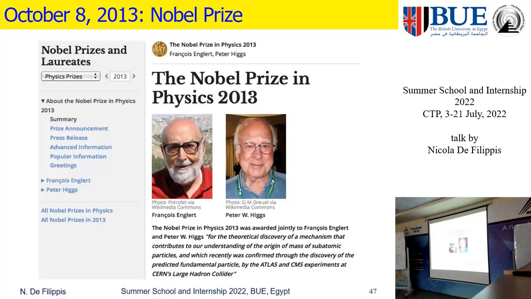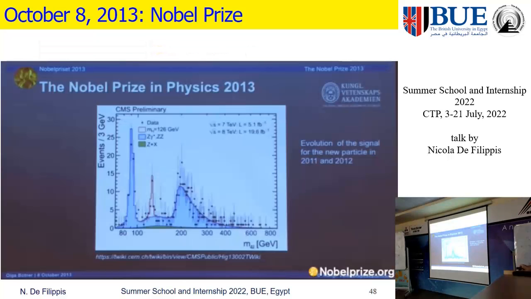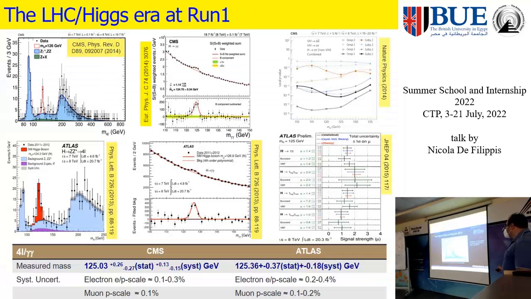Some people here are members of the CMS experiment, and they were involved at that time in the discovery. Okay. This was the plot shown at the ceremony for the Nobel Prize, and I was very happy about this because I was working on this analysis before. What happened then?